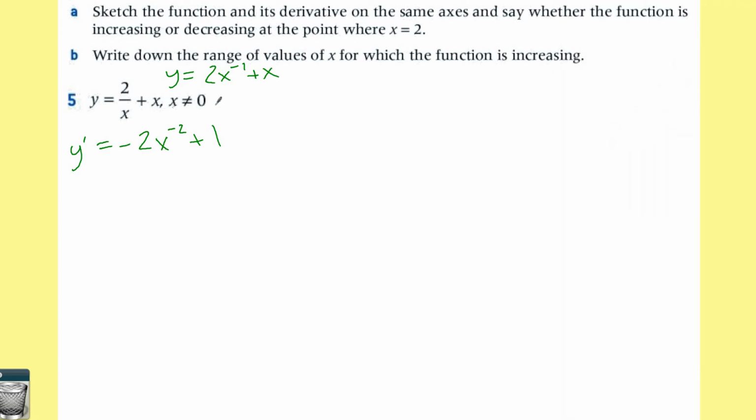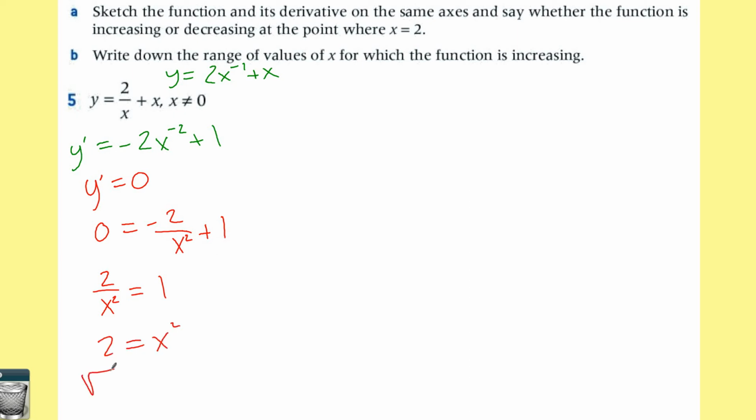So we want to find the turning point, when the derivative is 0, so 0 equals negative 2 over x squared plus 1. So I'm going to make that 2 over x squared equals 1. So we get 2 equals x squared. So x can either be, hopefully you remember this, positive or negative. We put the square root there. So we have two values, square root of 2 or negative square root of 2.